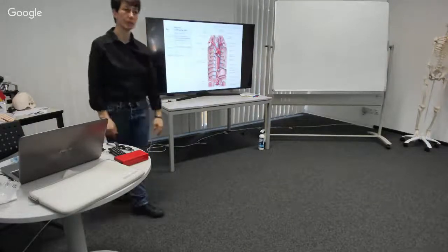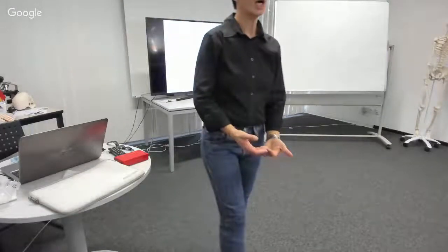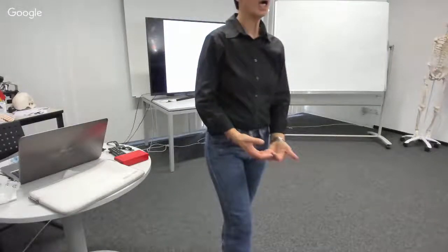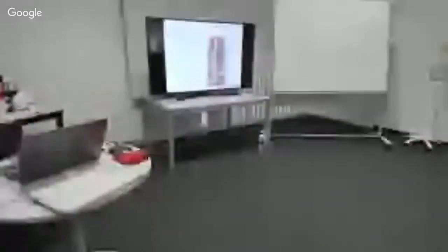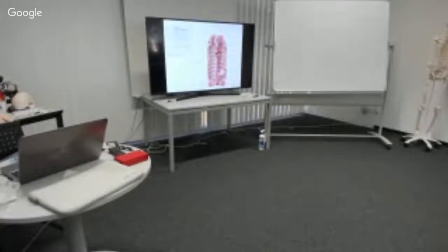In the thoracic part we know that there are visceral branches of the descending thoracic aorta. The number varies, so we find between 4 and 5 esophageal branches.